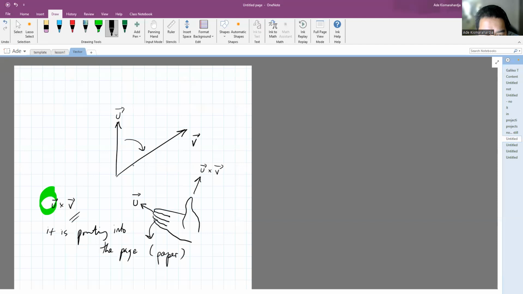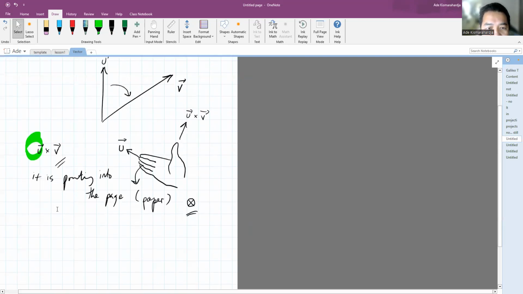And we have a notation for when you want to say something is going into the page. This is how we write it, using a small circle and then putting a cross in it. This is just to say we have a direction pointing into the page or into the paper.